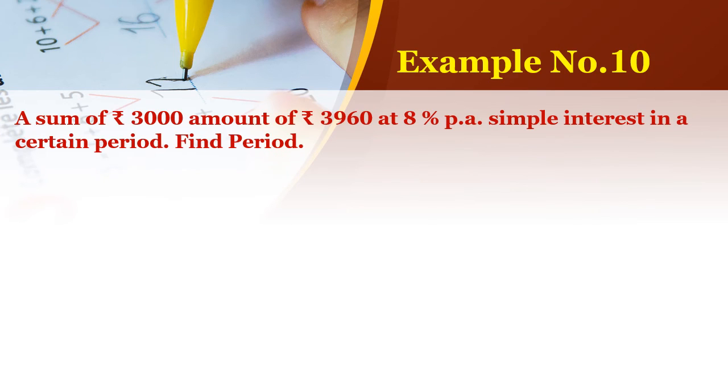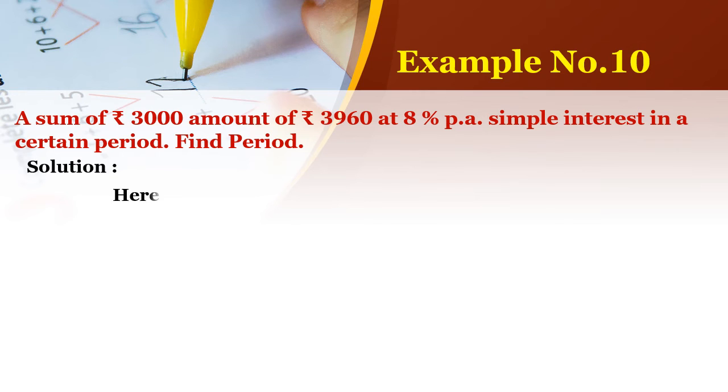So now example number 10. A sum of rupees 3000 amounts to rupees 3960 at 8% per annum simple interest in a certain period. Find the period. So before we move forward to the solution, what we are given here: the sum of rupees means the principal amount, rupees 3000, and the amount, rupees 3960, and we are also given the rate of interest, 8% per annum, and we have to find the period.